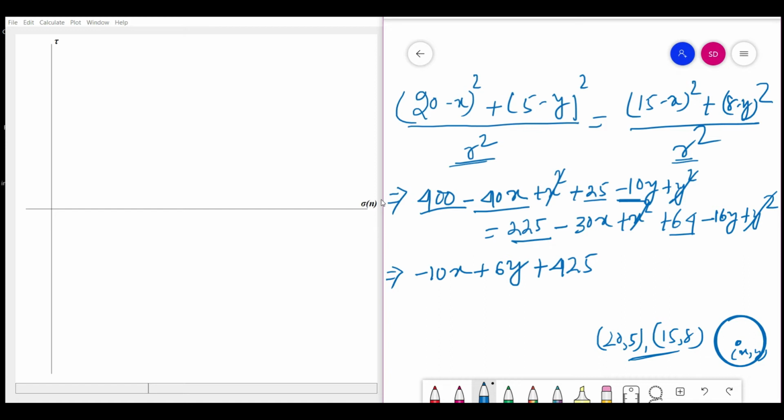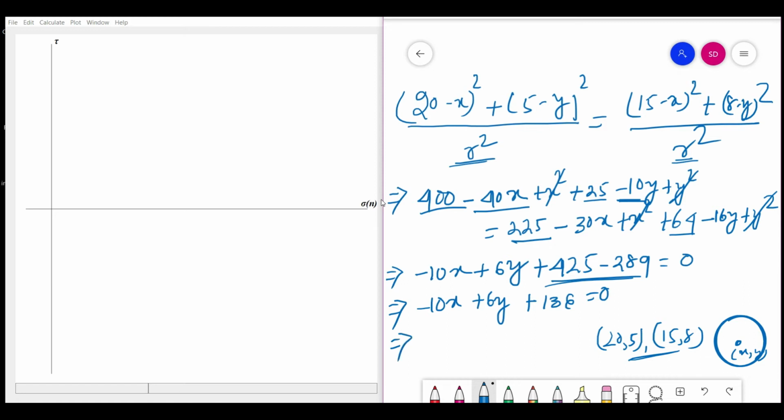So minus 289 is equal to 0. This implies minus 10x plus 6y plus 425 minus 289, that is 136, is equal to 0.